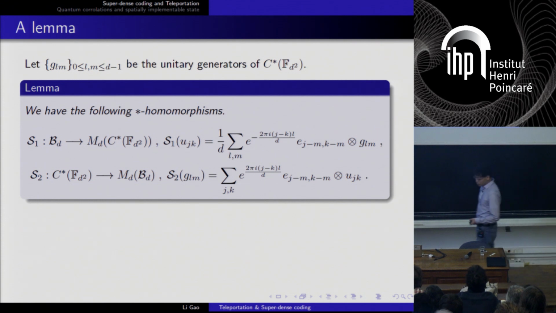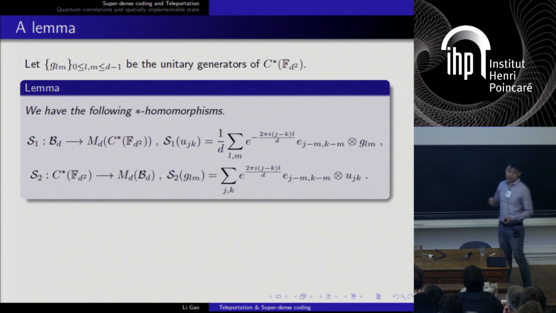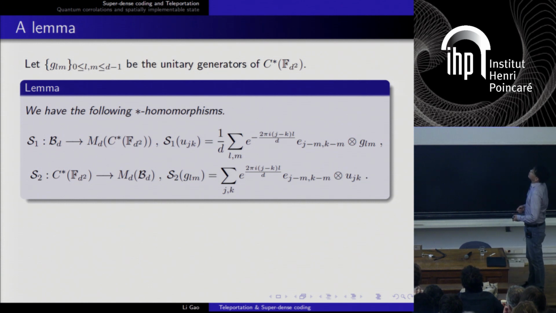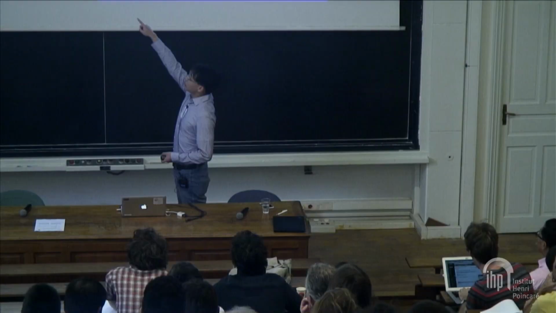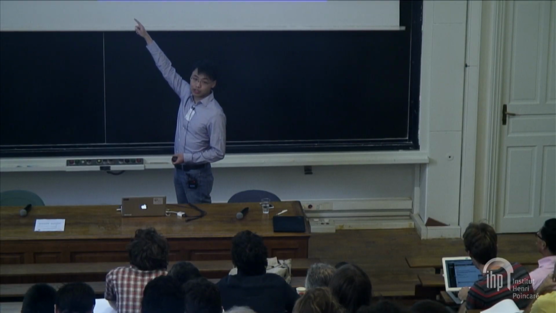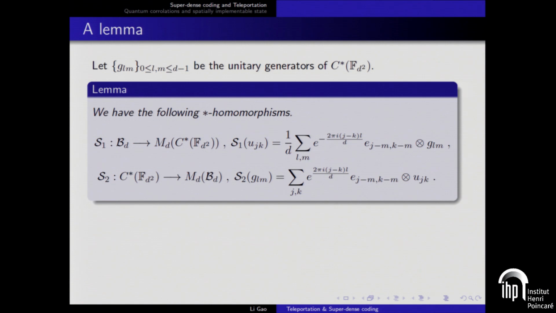If you do a lifting of the operator space embedding, you find out it actually becomes star homomorphisms of these algebras. So B of D corresponds to the trace class of D dimensional, and MD of the C-star algebra of FD square corresponds to the MD of L1 D square.